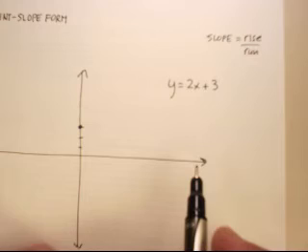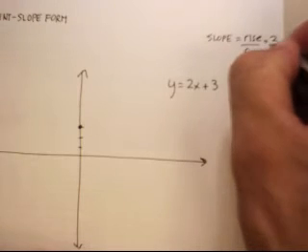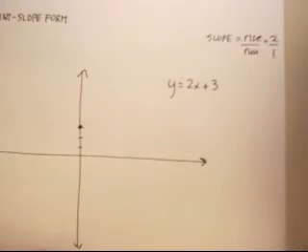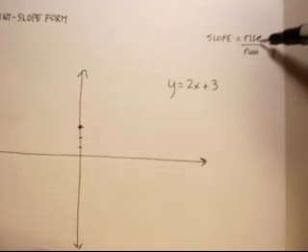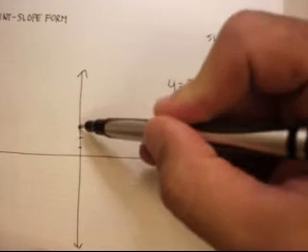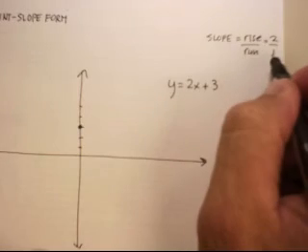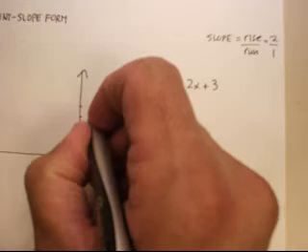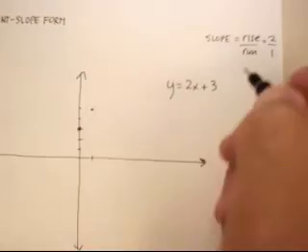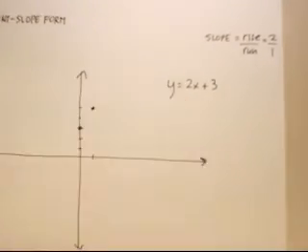Okay? So if you have a slope of 2, that's really like saying the slope is 2 over 1. That means that your rise from the point that you established is up 2. So you go up 2, and the run would be positive 1, so you'd go over 1. So now you have another point.